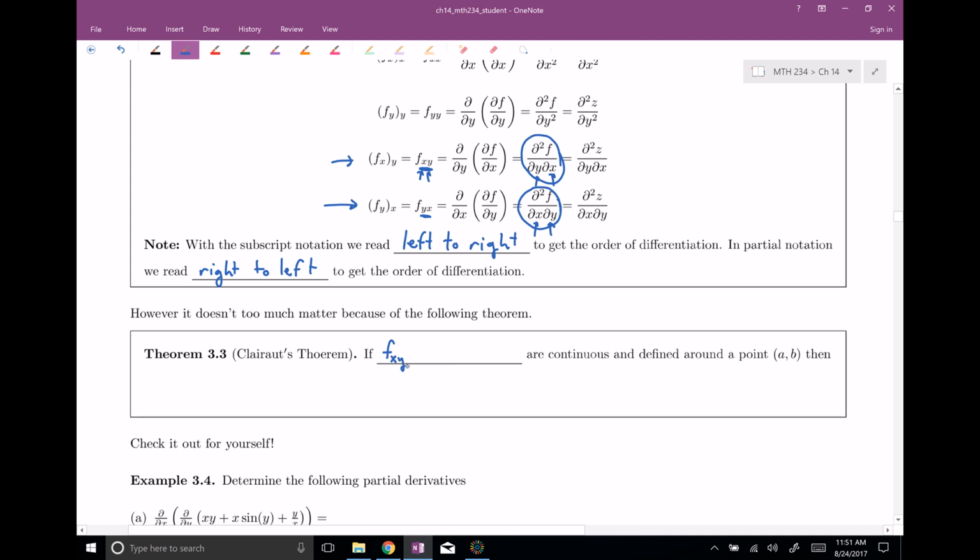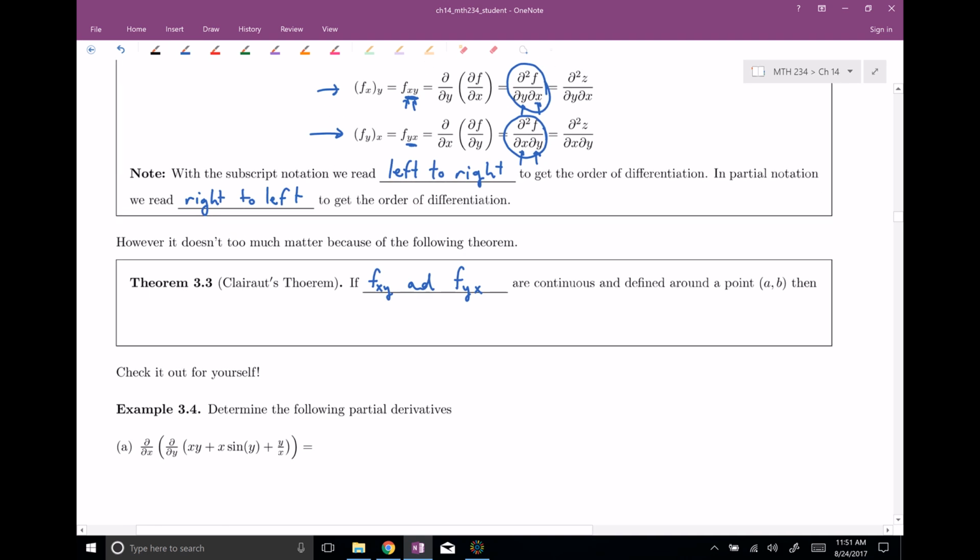So f sub xy, so if we take the derivative first with respect to x, then with respect to y, and f sub yx, again, now we're taking the derivative with respect to y first, then x, are continuous and defined around the point AB, then f sub xy at AB will be equal to f sub yx at AB. So if you confuse the order on these things, if you switch the order, if you do first y then x, it'll be the same thing as first x then y.